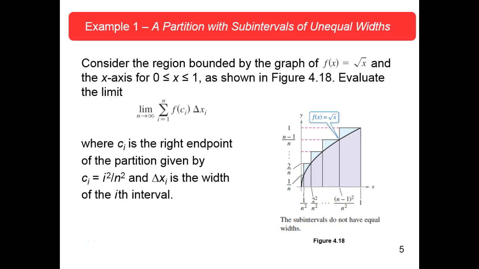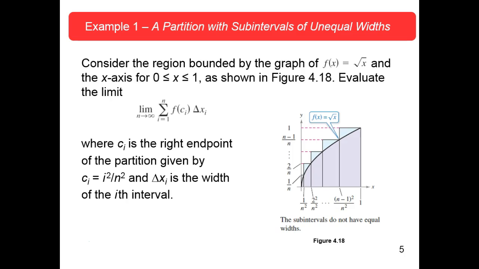Whoa, they start with example 1. Consider a region bounded by the graph of f of x equals square root of x, and the x-axis for x equals 0 to 1. It's shown in this figure. It says evaluate the limit as n goes to infinity of the summation from i equals 1 to n of f of c sub i delta x sub i. That looks pretty familiar, doesn't it?